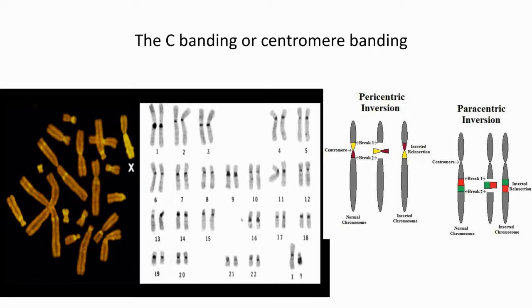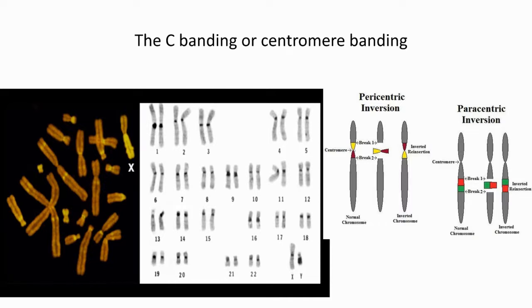And then from this, the actual banding here, the C banding, you will be able to see the location of the centromere. Okay, and from the C banding, you can identify the mutation, like the pericentric inversion or paracentric inversion. Pericentric inversion basically involves the inversion that involves the centromere region.